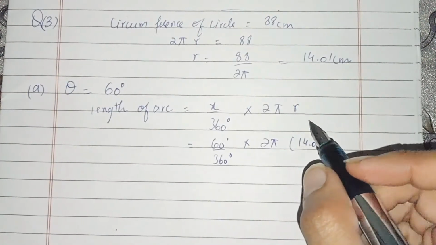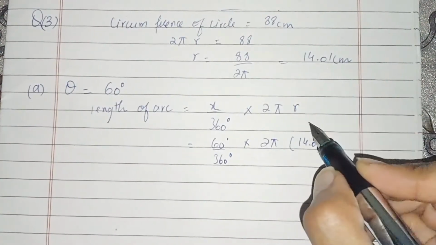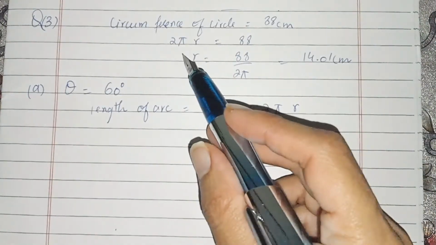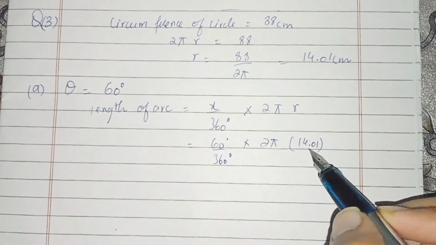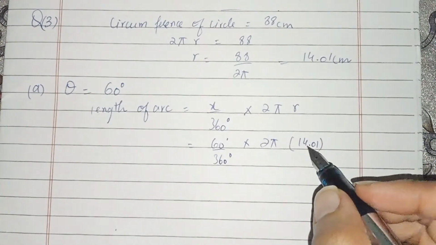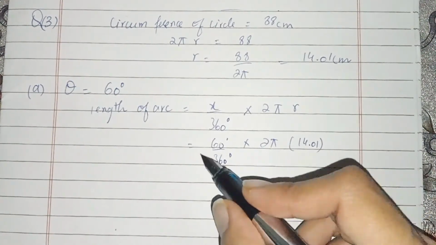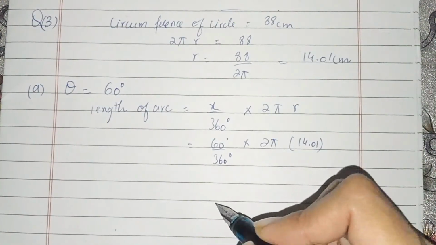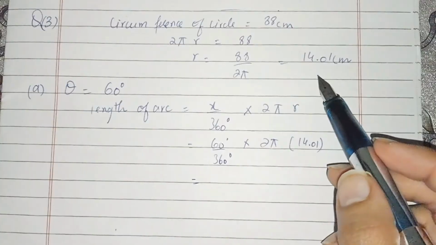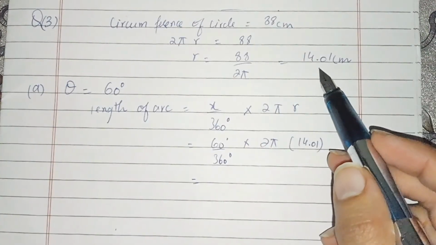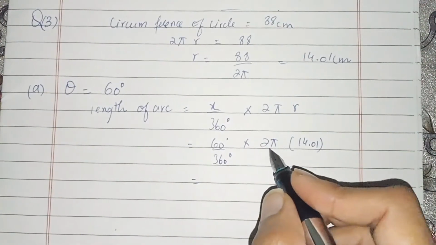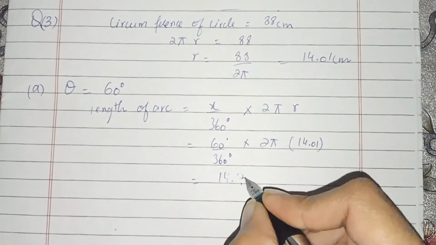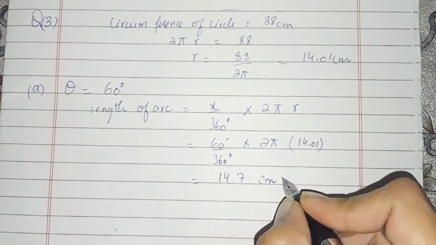The purpose of finding r is that r is applied in every formula. Circumference is given to us, so we can put the value of circumference directly, 88, but in the formula of area we have to put the value of radius. By solving it we get the answer 14.7 centimeter.